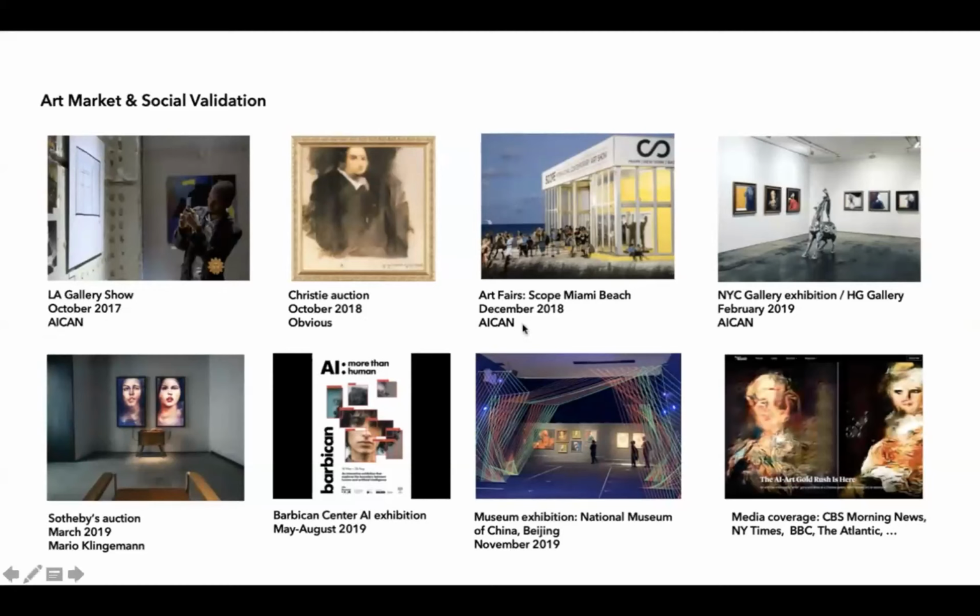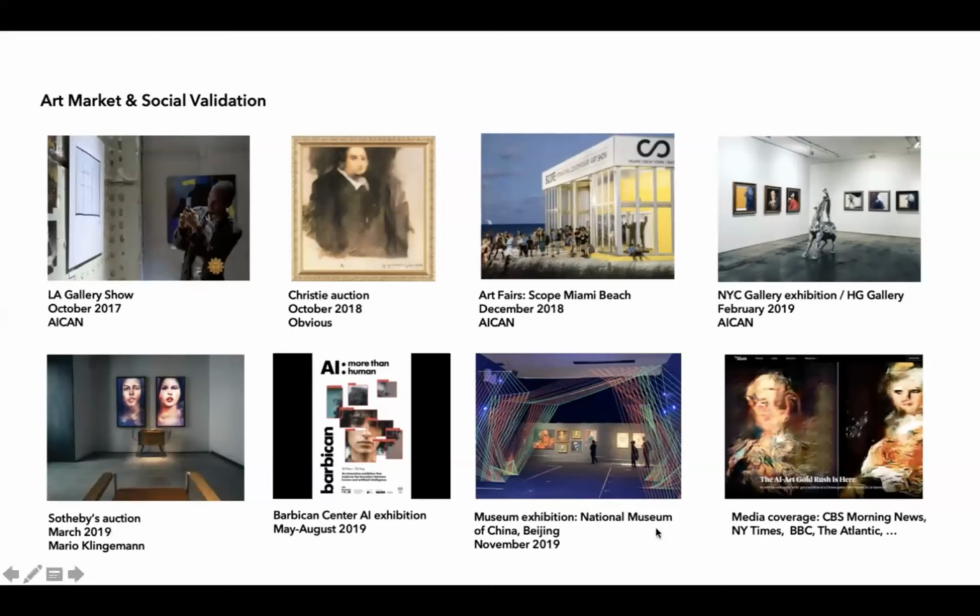AICAN has been exhibited in art fairs like Scope Miami Beach and art galleries in New York. Artists like Mario Klingemann had some of his work auctioned at Sotheby's in 2019. The Barbican Centre in London had an exhibition of different AI artists in the summer of 2019.